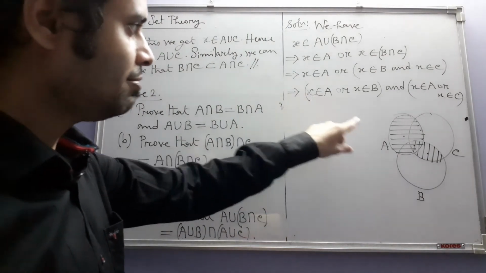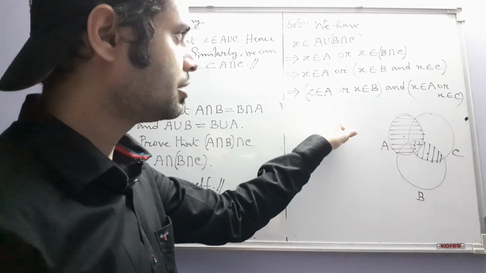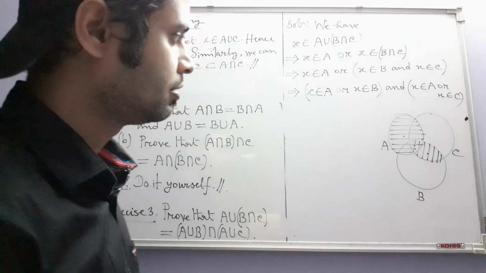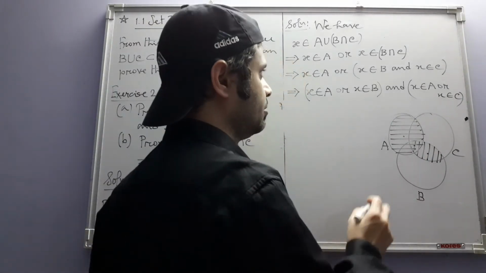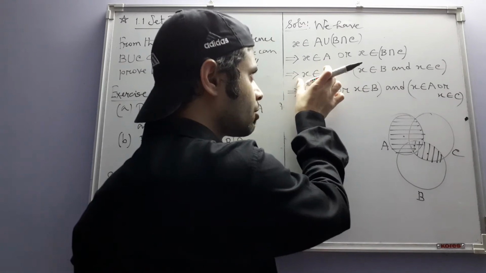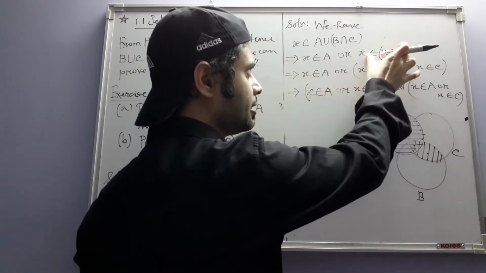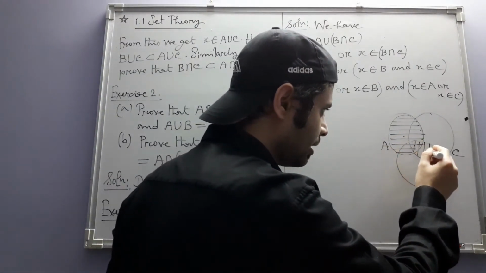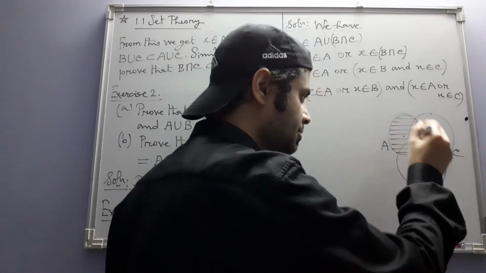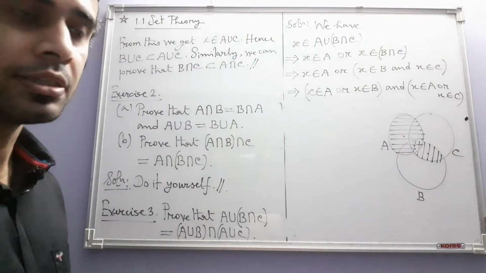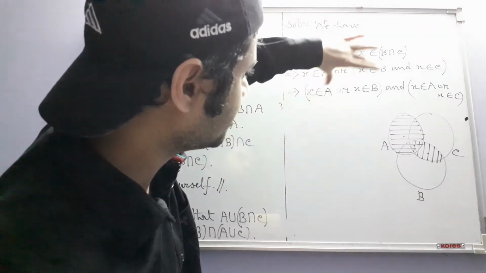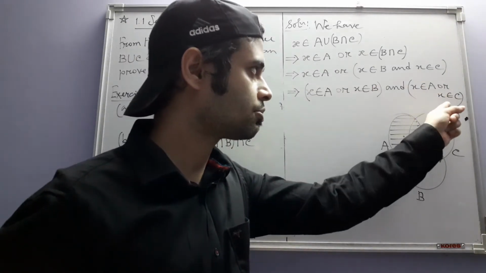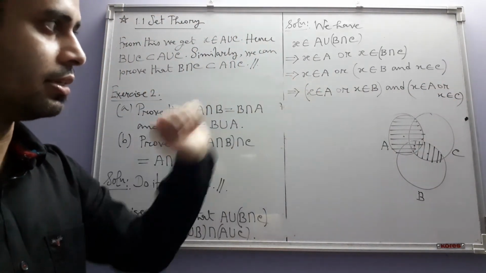So if x is here, then this statement is true, x belongs to A. If x is not in A, then since OR has to be true, the other thing has to be true, that is x must belong to B intersection C. Then x must be in B as well as in C. So in this statement x belongs to B, so this statement is true, and this statement is true because x belongs to C. So that's why you are getting this.